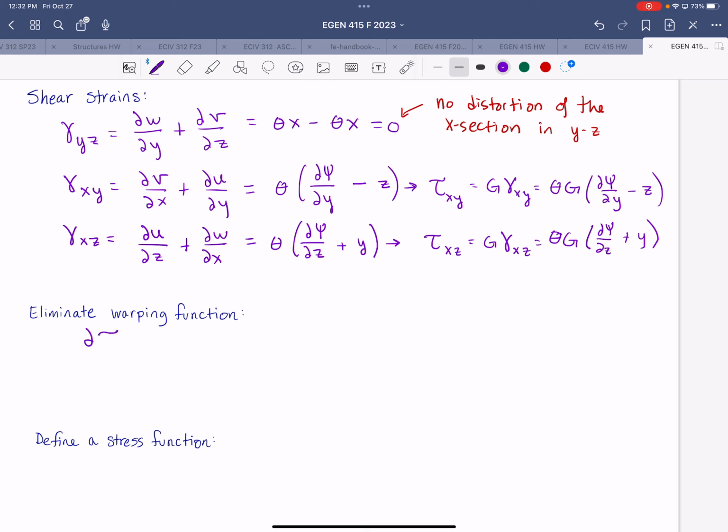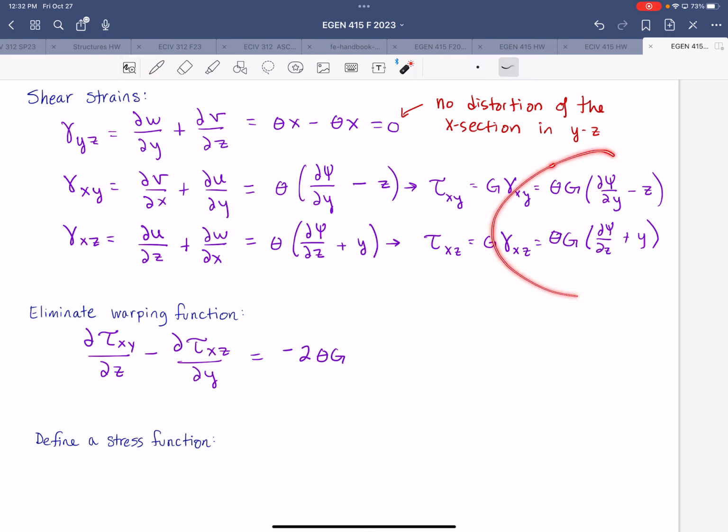We'll take the partial derivative of the shear stress in the xy plane with respect to z minus the partial derivative of the shear stress in the xz plane with respect to y. And this is chosen intentionally to eliminate that warping function. So that gives us negative 2 theta g. Just subtracting this equation from this equation, we're left with 2 theta g.